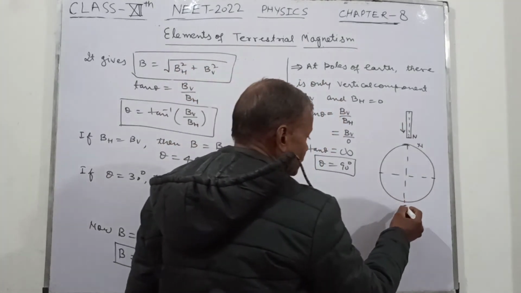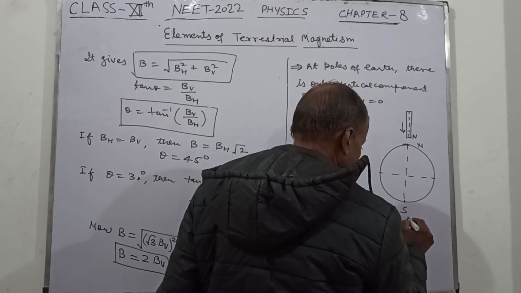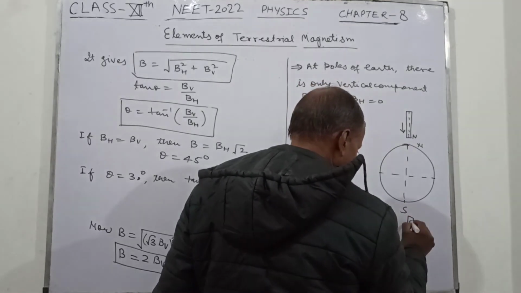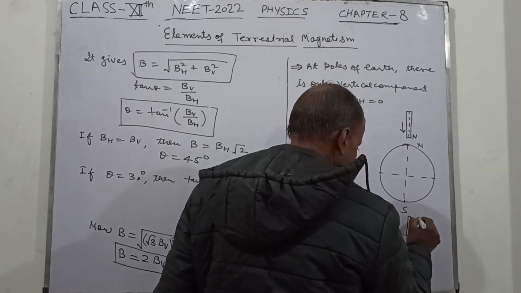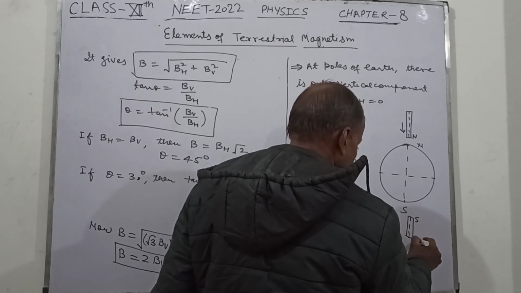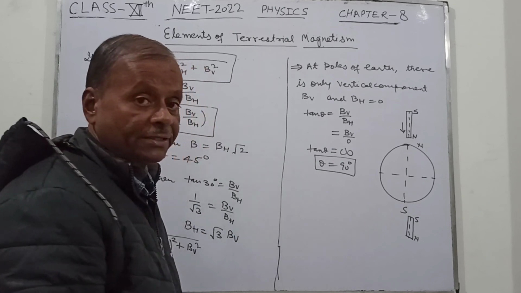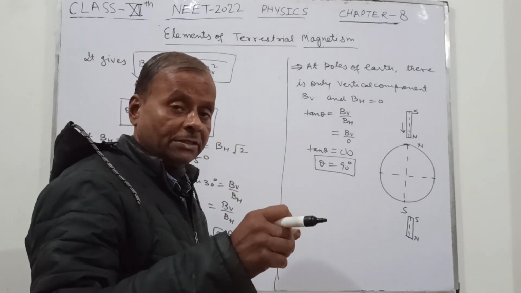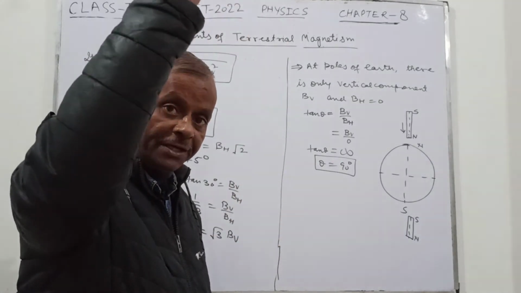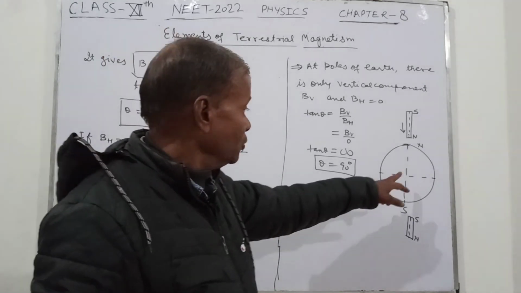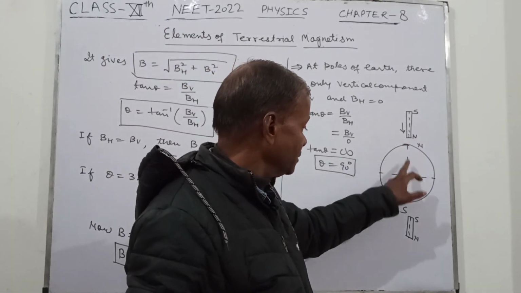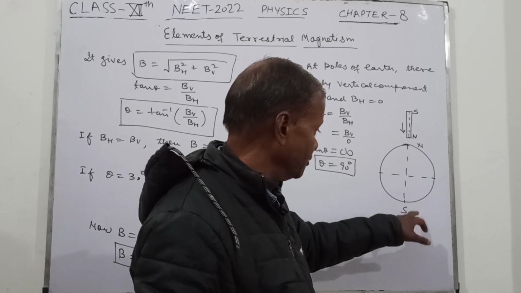And at the south pole, the magnet will be like this. So at the poles, the magnet is vertically downward, at the north and at the south.